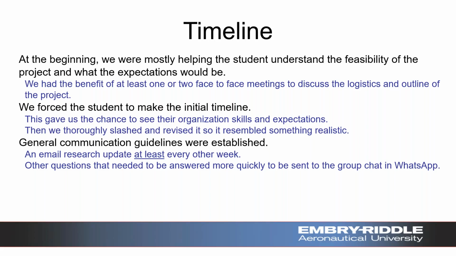So that even though we weren't in the same time zone, I could still look over what they have done and give them information back. But we made it so that if there was a smaller, simpler question, we used a group chat inside of an app called WhatsApp. The reason we used WhatsApp was because it works over Wi-Fi.